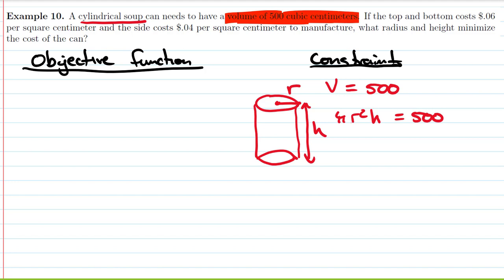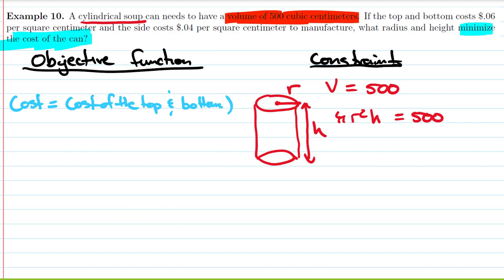So now what's our objective? What are we trying to minimize? So we want to minimize the cost of the can. So our cost is going to be equal to the cost of the top and bottom plus the cost of the side.